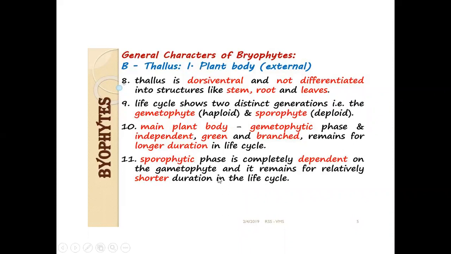When we explain the life cycles, we will come across this. So this sporophyte is another generation, dependent on the gametophyte. It is non-green in color. It can't prepare its own food material, and it remains for a shorter duration during the life cycle.